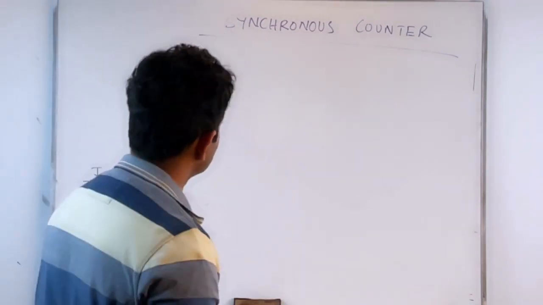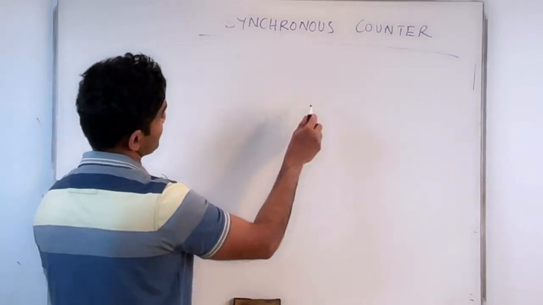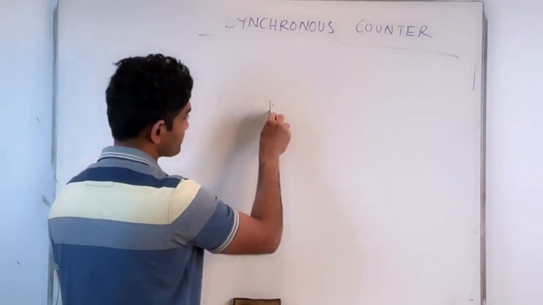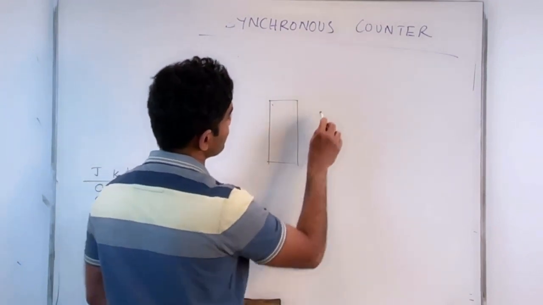4-bit counter. Again, I will use my JK flip-flops for this. I'll use 4 of those. So these are the 4 flip-flops.